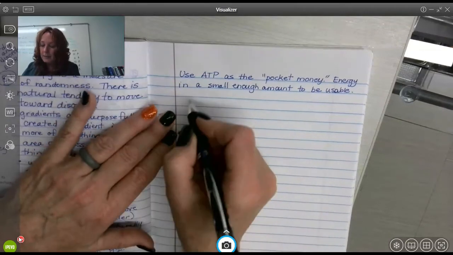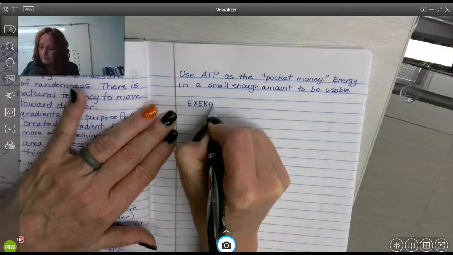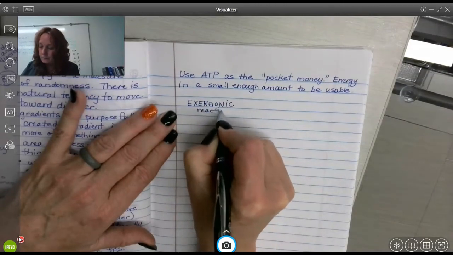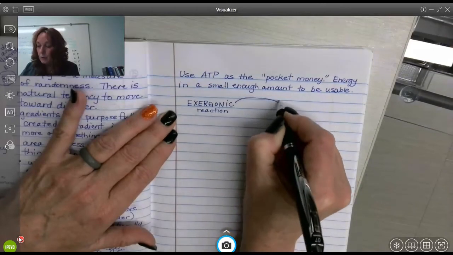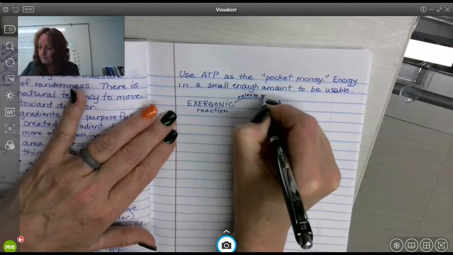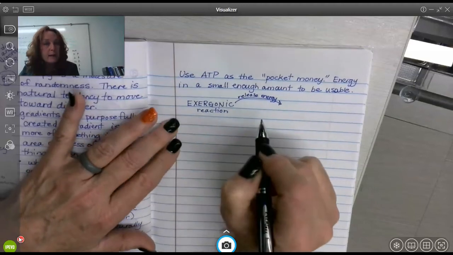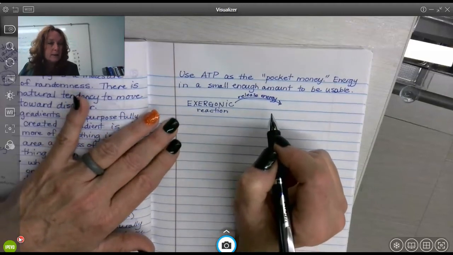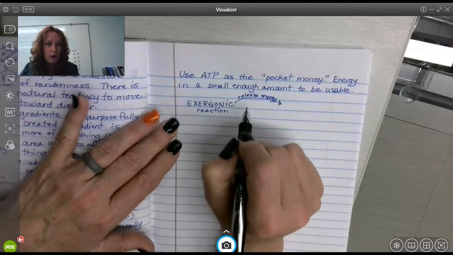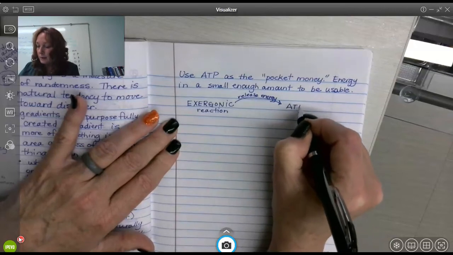So what happens is this. You have an exergonic reaction. It's going to, which we said already, release energy. And instead of blowing up in heat and light, because I can't couple it to something that I'm going to use that energy for, it's lost, living things store that energy in ATP.